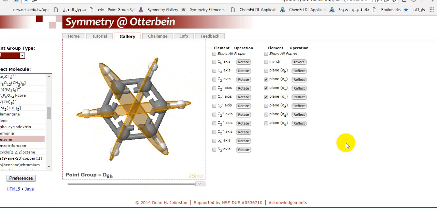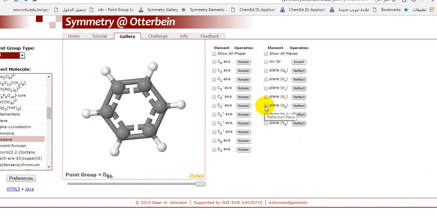Okay, what about sigma d? This is number 1. We talk about sigma d, the dihedral mirror plane, which is between 2 C2 axes. Here C2, and here C2. Okay, look.